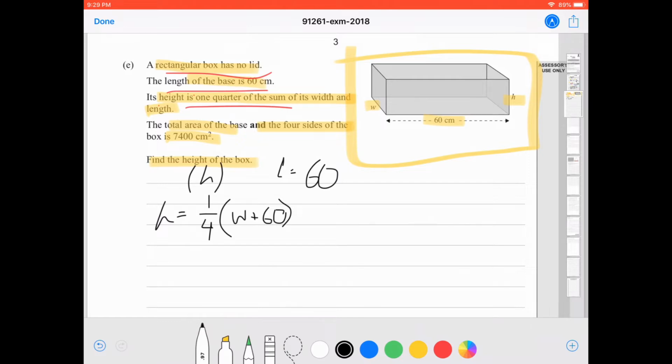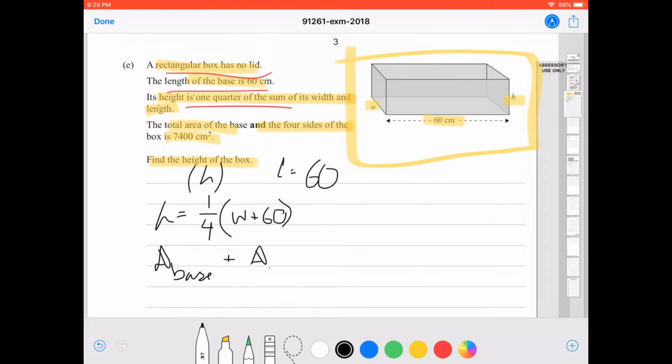We need the area of the base, and we could actually write that out first of all. Area base plus area 4 sides. Now the 4 sides are actually not all the same, are they? Because we're working with a rectangle.